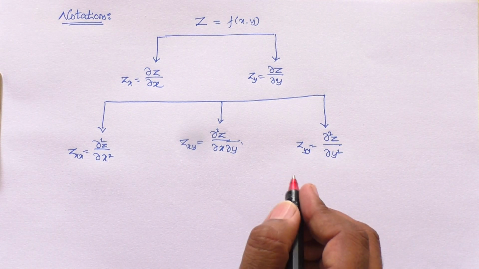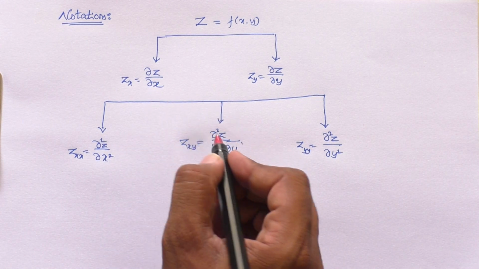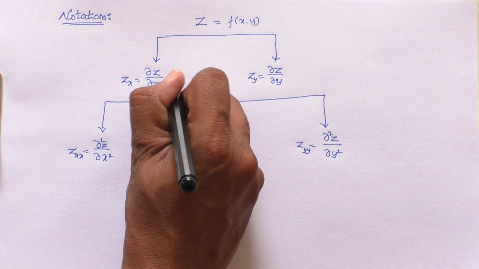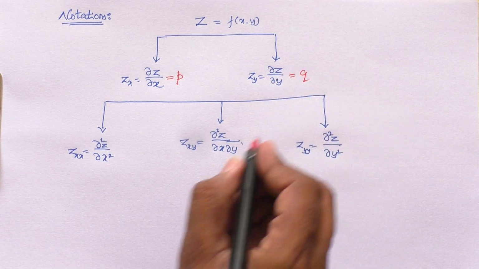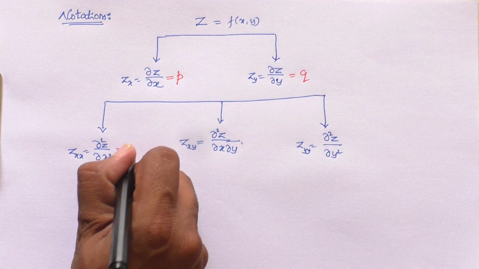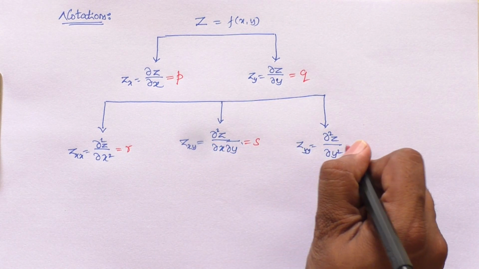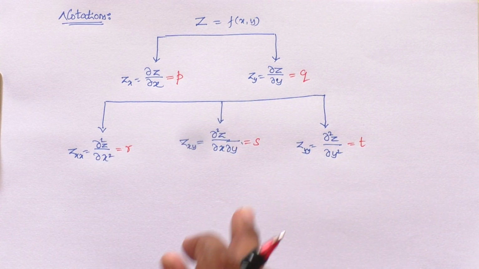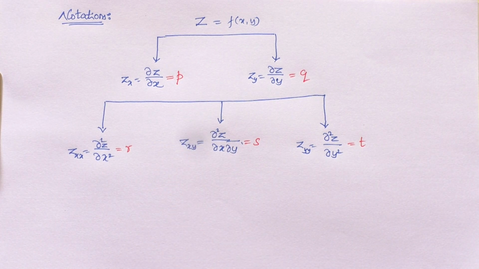Along with this, we take certain notations to avoid writing dou z by dou x, dou square z by dou x square, and so on. Dou z by dou x is p, dou z by dou y is q, dou square z by dou x square is r, dou square z by dou x dou y is s, and dou square z by dou y square is t. So p, q, r, s, t are the notations for first order and second order partial derivatives which we use while solving problems.